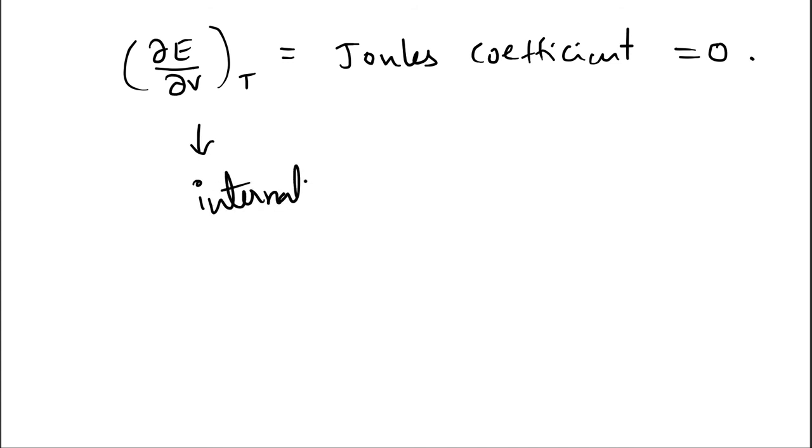This is known as internal pressure, and its value depends on the intermolecular forces. For an ideal gas, there will be no intermolecular attractive forces. Ideally, it is equal to 0. For real gases, it is not 0, because in real gases there will be attractions and there will be repulsions between the gas molecules depending on the conditions.